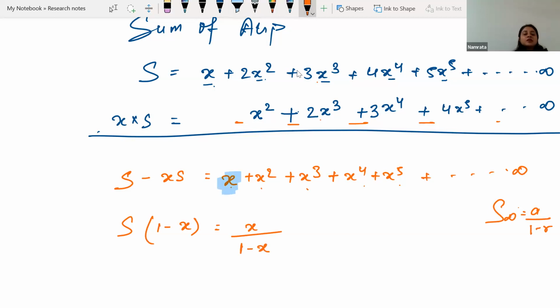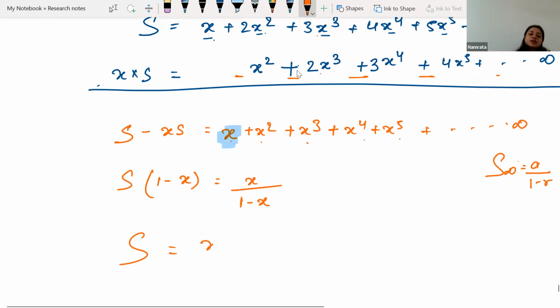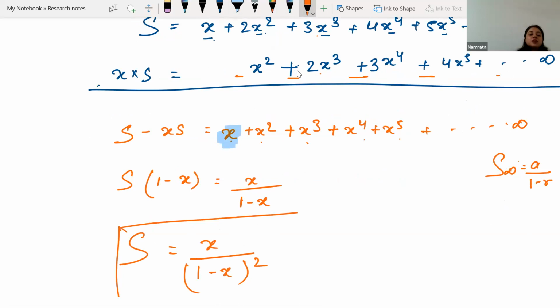Yes, ma'am. So the sum formula is x by 1 minus x whole square. This is the formula we got for AGP, the sum of infinite terms.